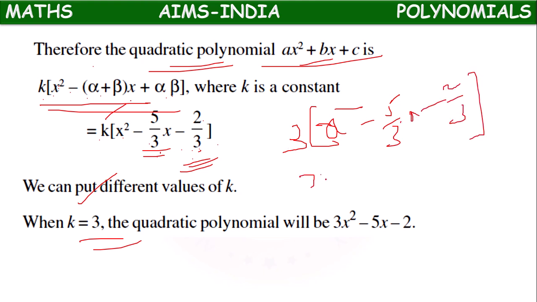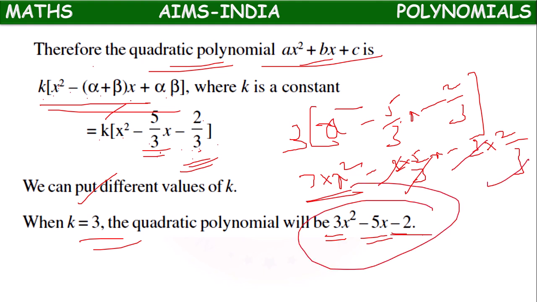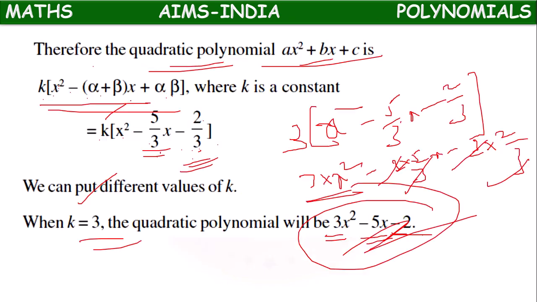With 3 we multiply all terms: 3 into x square, 3x square; minus 3 into 5 by 3 x, 3 cancel, minus 5x; minus 3 into 2 by 3, 3 cancel, minus 2. This will be the quadratic polynomial which is having roots 2 and minus 1 by 3. So according to our requirement, we can take the value of k.